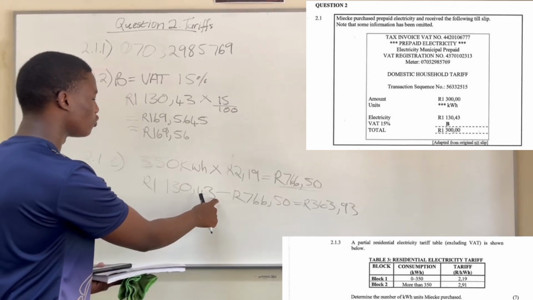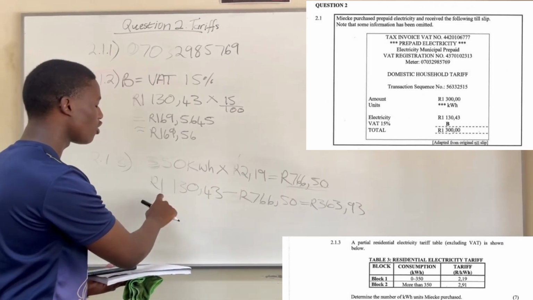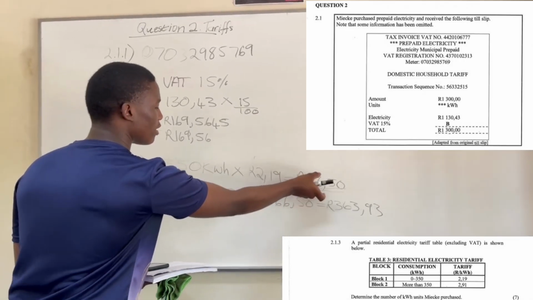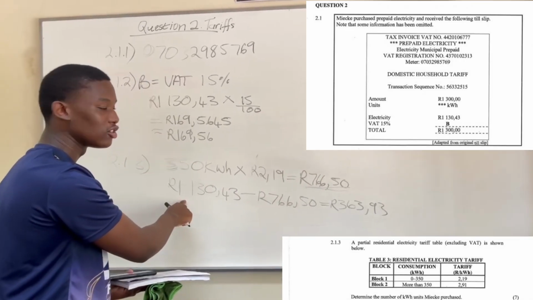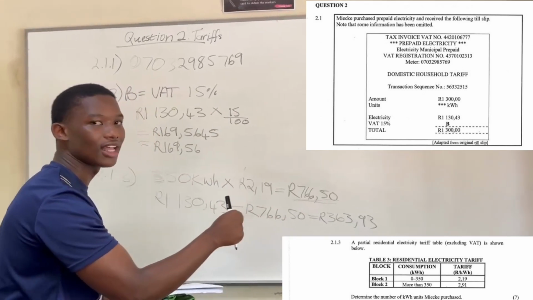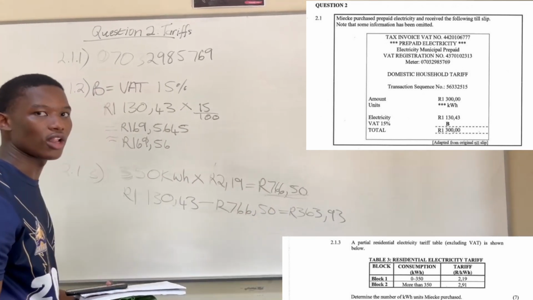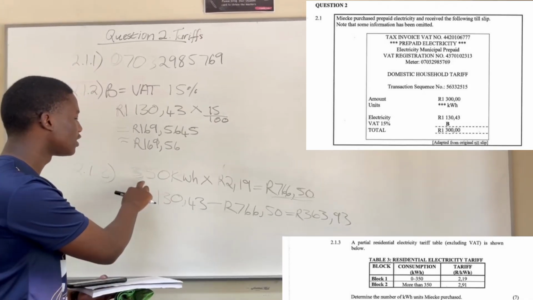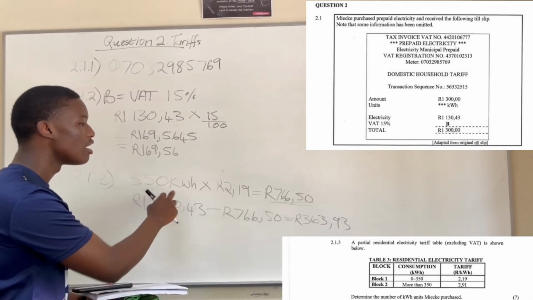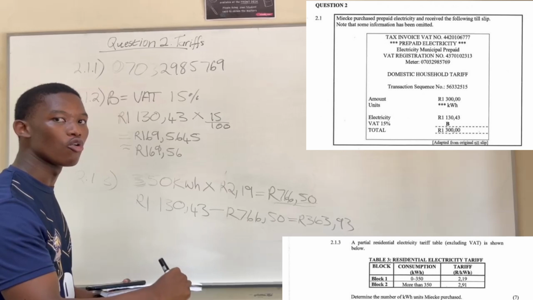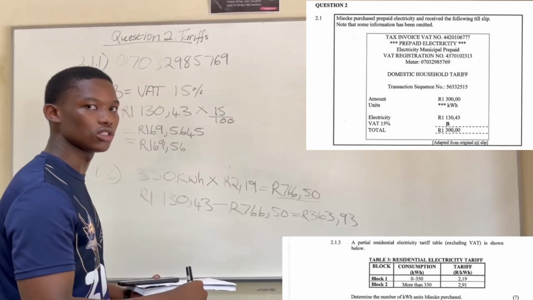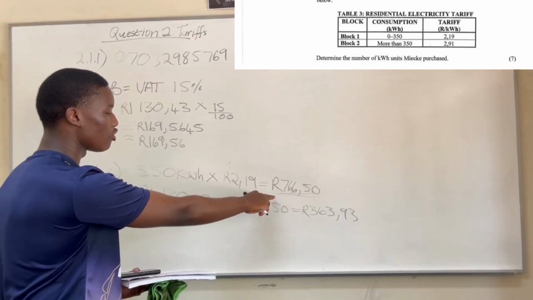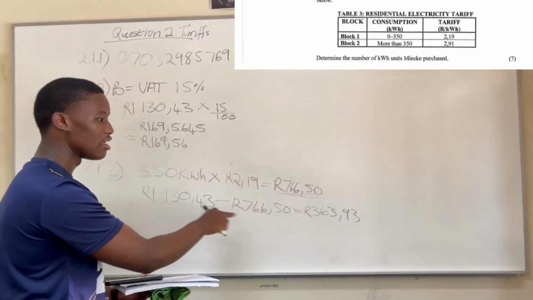So let's deduct this one, because it is already included here, to find out how much is left, so that we can find out the units of that block. Because we know that in the first block he used 350, but we don't know in the second block how many units he used. So you minus this value of the first block from the total, and then get this one.